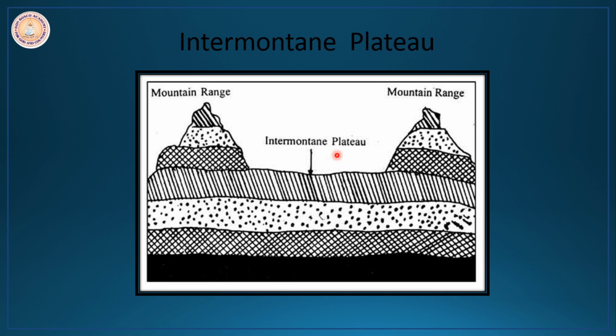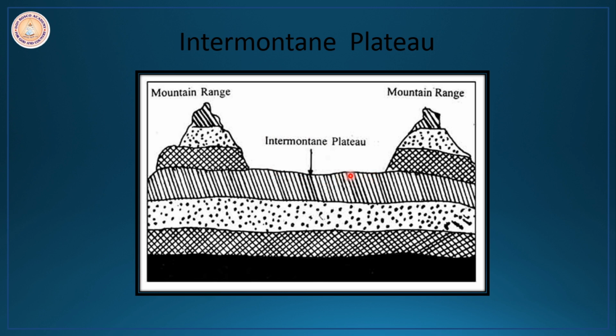Intermountain, as the name suggests. Inter means in between, mountain is mountain. Such plateaus are enclosed by fold mountains from all sides and have a great variety of topographical features.